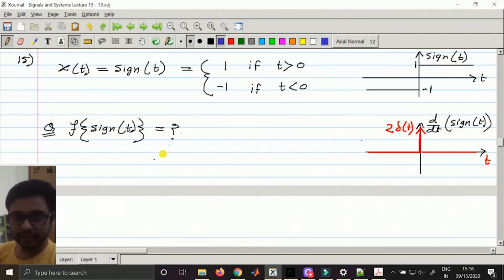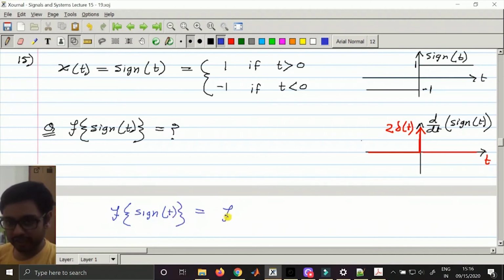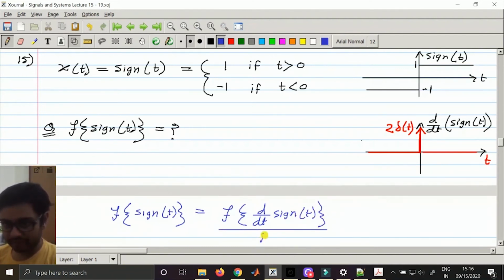You know that the Fourier transform of a signal, for example signum t, is equal to the Fourier transform of its derivative, that is d/dt of signum t, divided by j omega. This is true except at the point omega equal to 0.